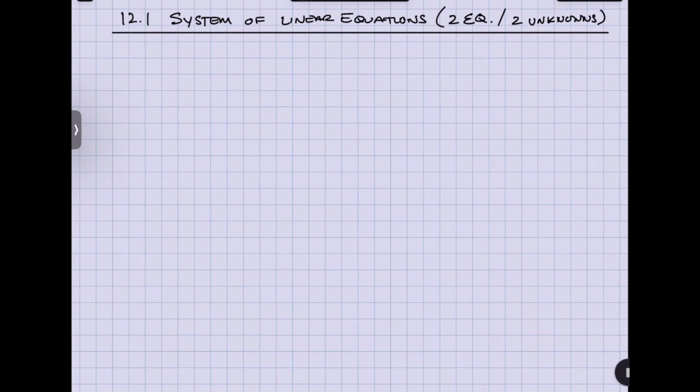So we're going to talk about two equations, two unknowns first. Actually, I do it this way, because we're going to talk about three equations, three unknowns soon enough. So when there are two lines, since we're talking about linear equations, three things can happen.